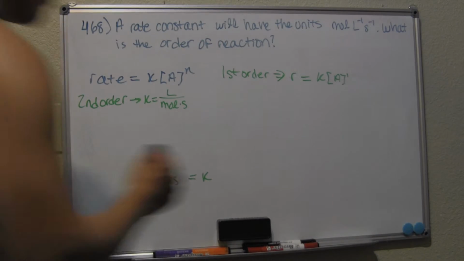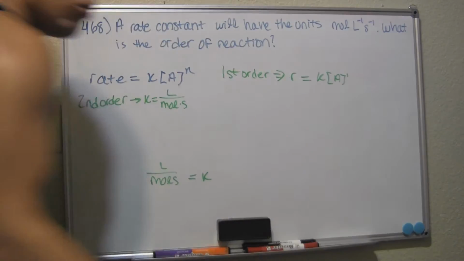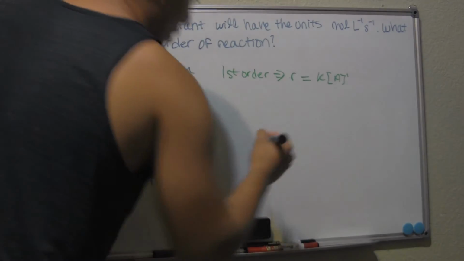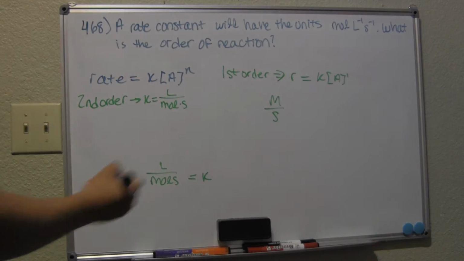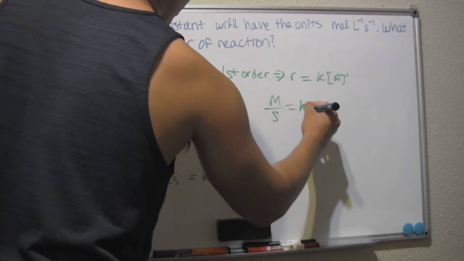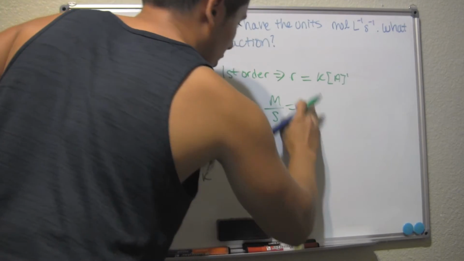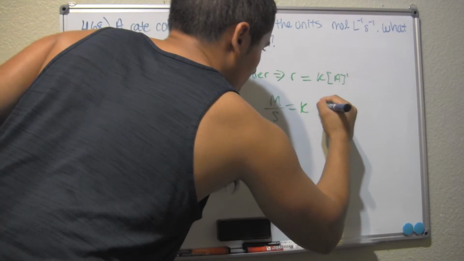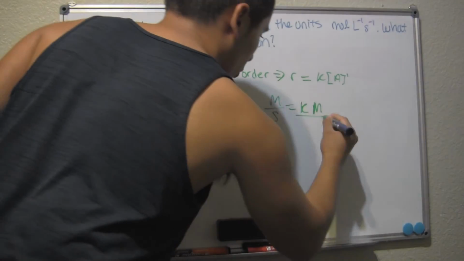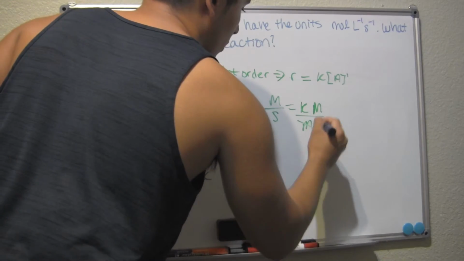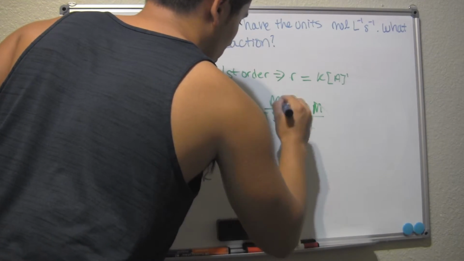Now let's do the same thing where we just look at the units. So R, which is molars per second, is equal to K times molars. Let's divide by molars right here. Once you divide, the molars cancel.